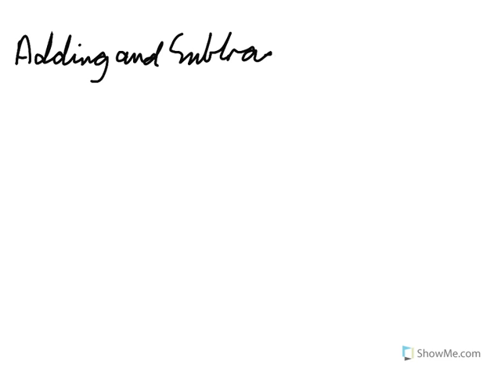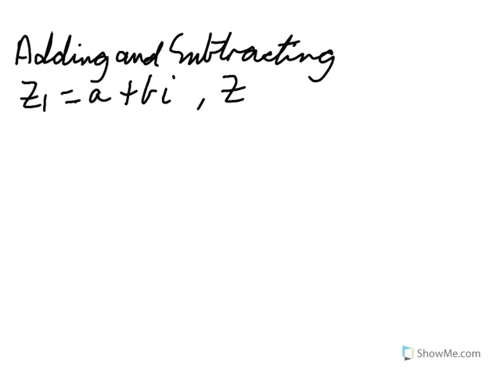Alright, one last thing, adding and subtracting. Again, not too difficult here. All you need to remember is that we have two complex numbers, z1 equals a plus bi, z2 equals c plus di. Then all we do is add the real and imaginary components.